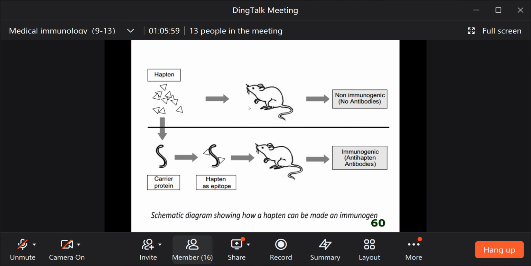But when the hapten is bound with the carrier protein, the hapten is displayed as an epitope, and immunogenicity happens, and the antibody is also produced. So this diagram is very clear for understanding the hapten and the carrier.